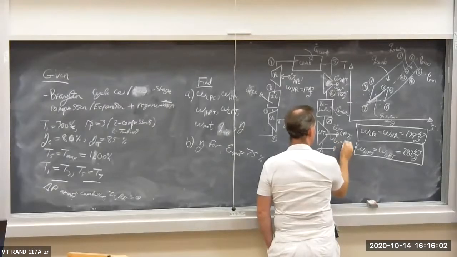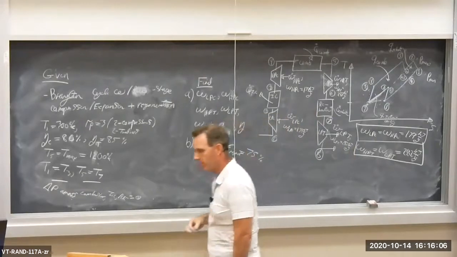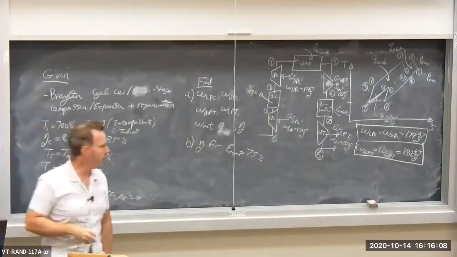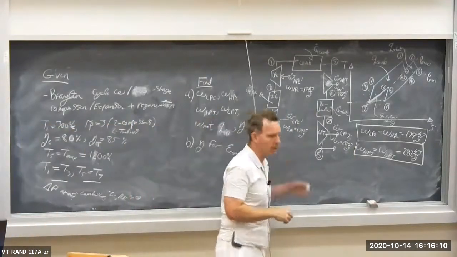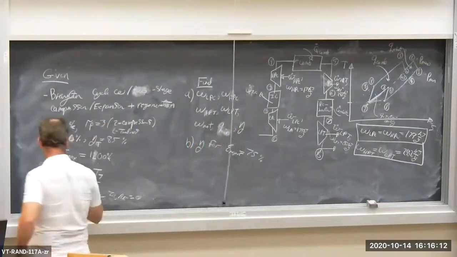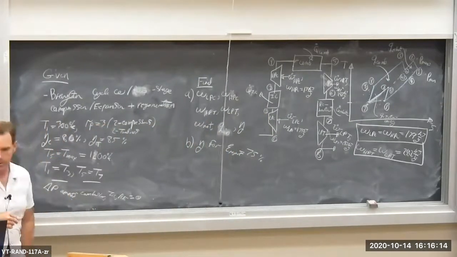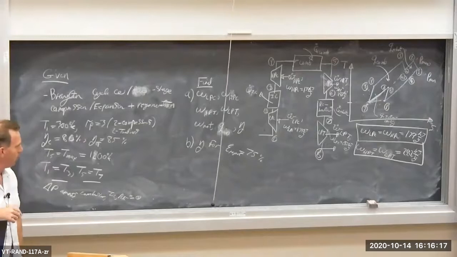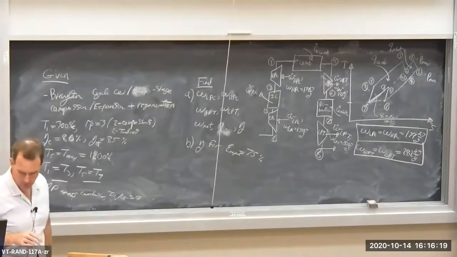W LPT, 282 kilojoules per kilogram. I'm just writing these up here to keep track of stuff because I'm doing a lot of erasing.